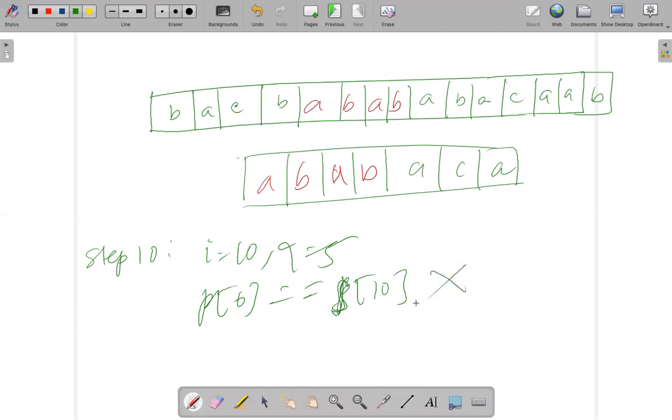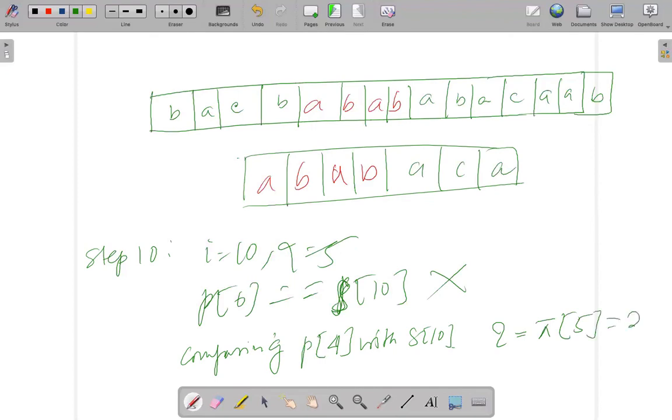Okay, so that means you backtrack on P, comparing P4 with S10. Why P4? Because Q has now been set to pi 5, which from the table you get to be 3, and therefore you are checking P of Q plus 1, which is 3 plus 1, P4 with S10.